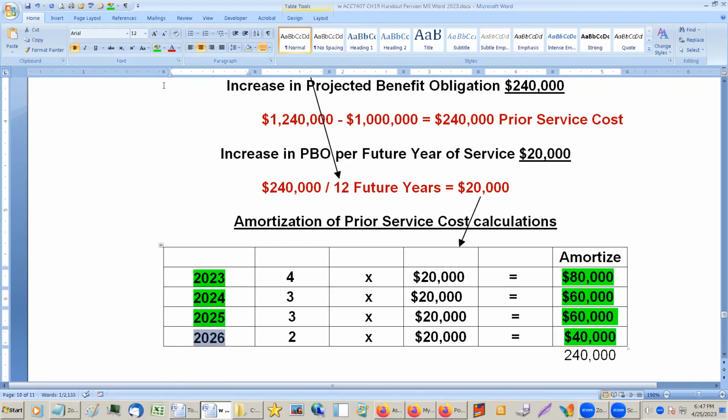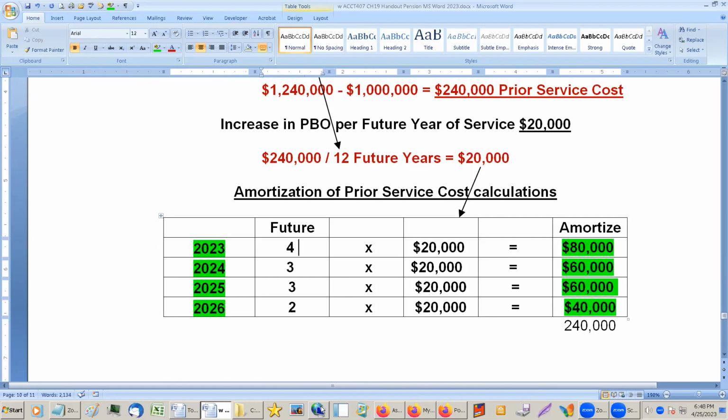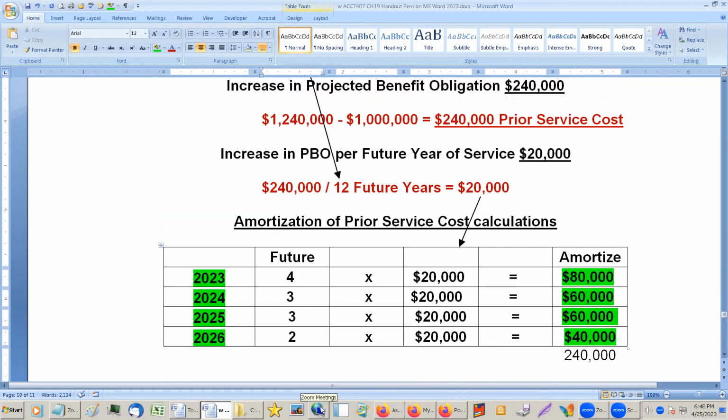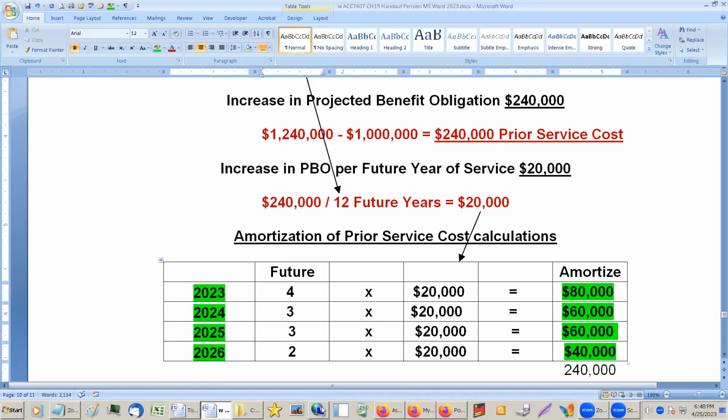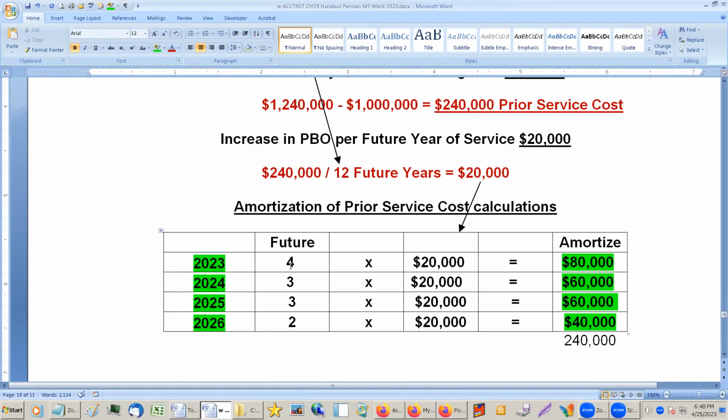And 2026, we'll do 40,000. And so the idea is we gave this 240,000 of prior service cost to them for their future service. So these are future years. Even though it's looking backwards at what they previously worked, the reason we're giving it to them is for future work.